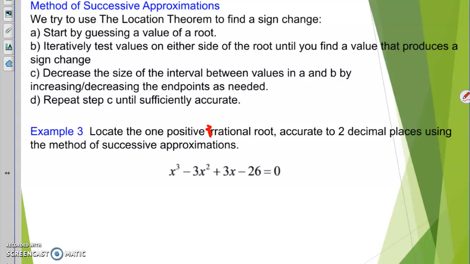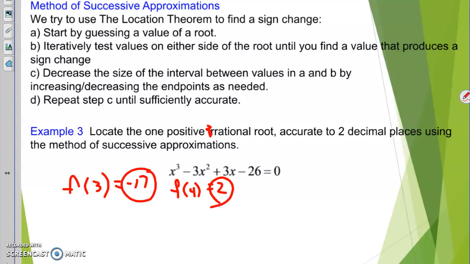If I wanted to do some testing, I might want to do f of 3 gives me a -17. F of 4 gives me a 2. So I know that there's a 0 someplace between there, because it's going from a negative over here to a positive over there. So somewhere in between there.